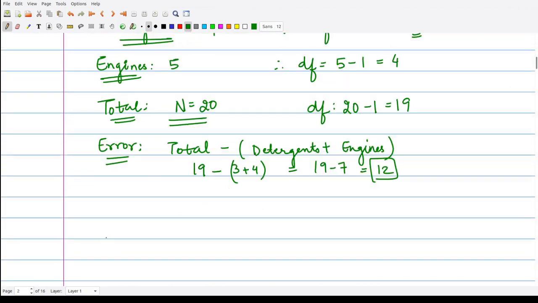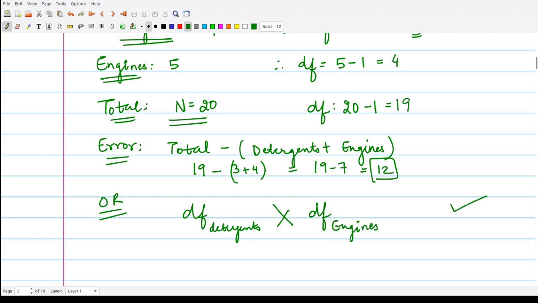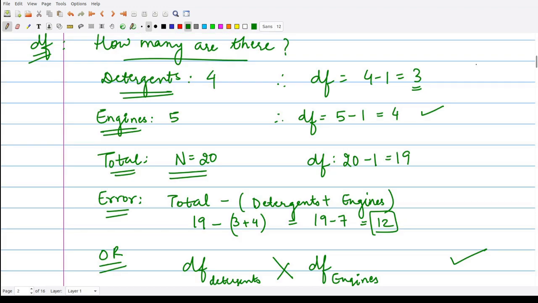Or you can also do it like this: the degree of freedom for detergents multiplied by the degree of freedom for engines. This is true whenever you have two-way ANOVA. What is the degree of freedom for detergents? It is 3. For engines it is 4.